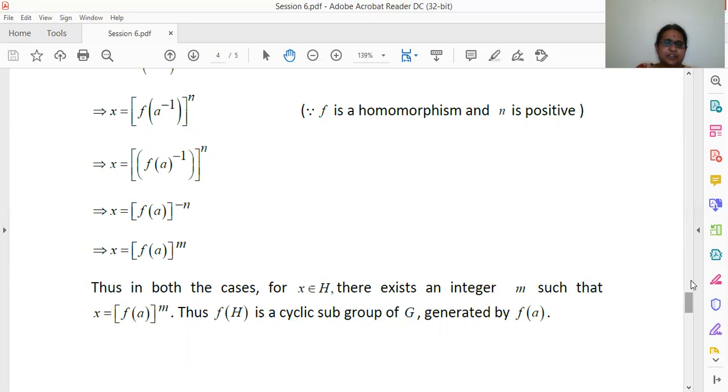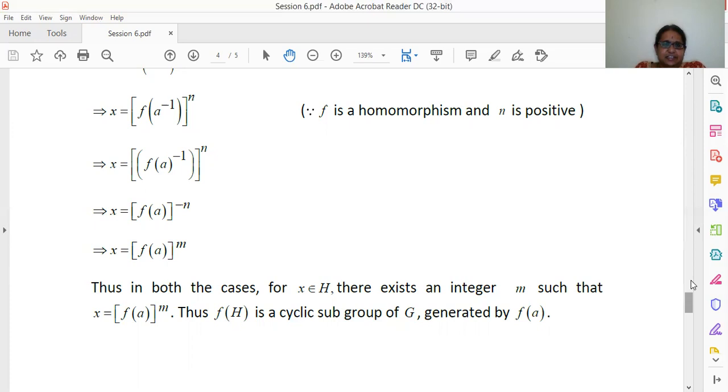And we have defined the homomorphic image, that is, the mapping f from G to G dash should be a homomorphism first, then f of G, which is the set of all f of g where g belongs to the domain G, is a homomorphic image of G into G dash.